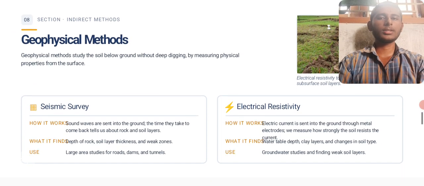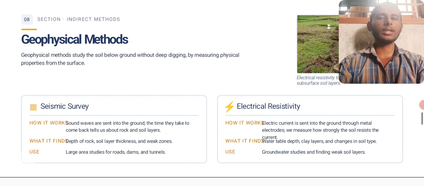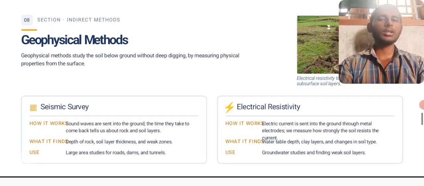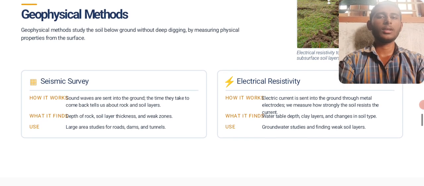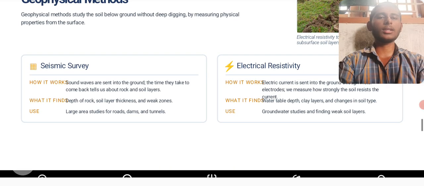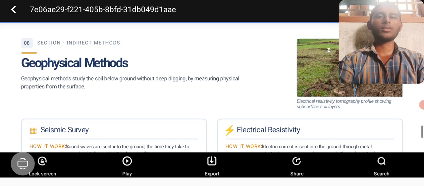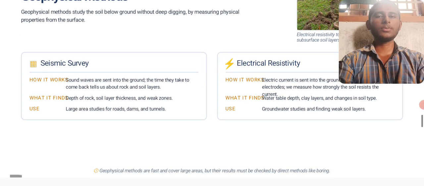And geophysical methods. Geophysical methods study the soil below ground without deep digging by measuring physical properties from the surface. Seismic waves and electrical resistivity are the types used. In seismic waves, sound waves are sent into the ground.